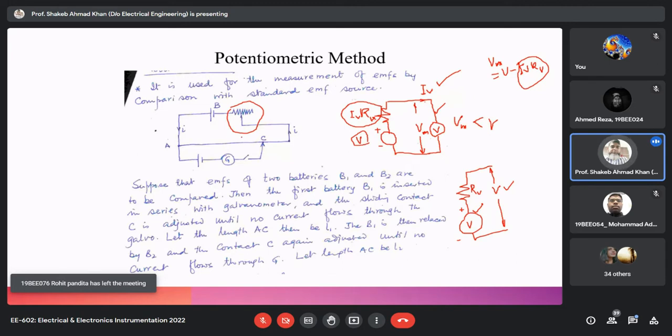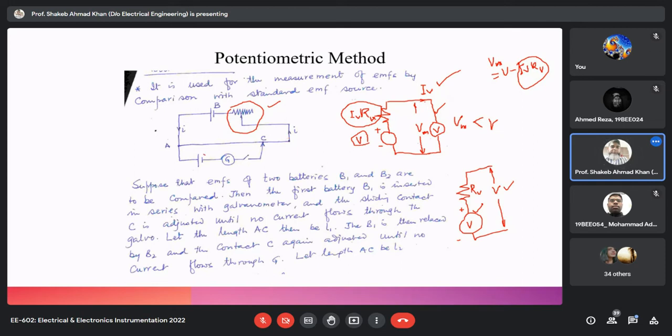To avoid that kind of situation, this current regulating resistance is used. Otherwise, it does not have any function. So here, this voltage is dropped across this wire, and we know the wire resistance per unit length.